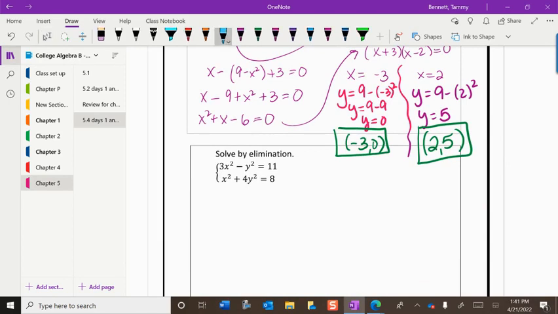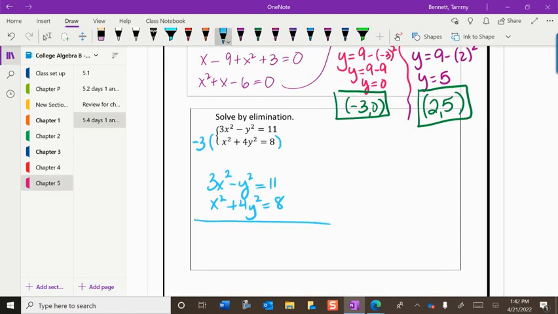So in this one, one other option here is solve by elimination. So let's eliminate, how about the x squared? So let's multiply the second one by negative 3. So rewrite the first one, 3x squared minus y squared equals 11, and x squared plus 4y squared is 8.